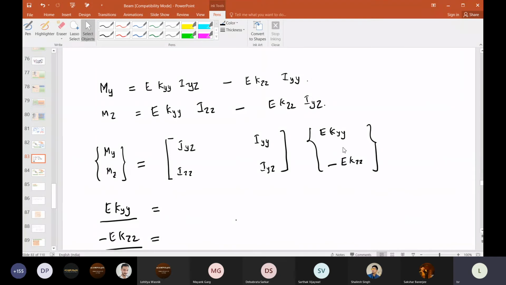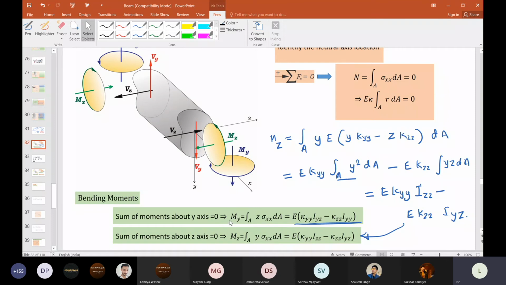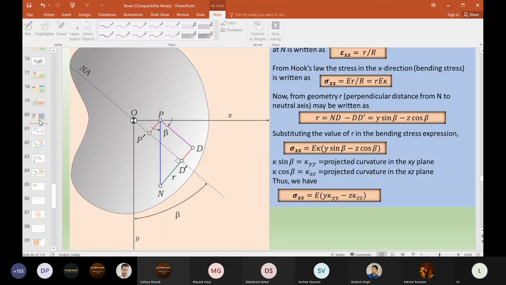These things you will have to substitute in our stress equation sigma x, that is, E kappa yy and E kappa zz.